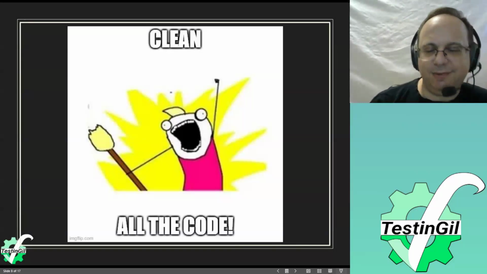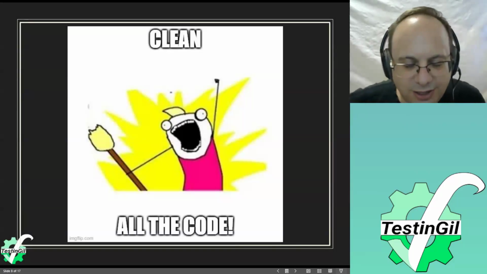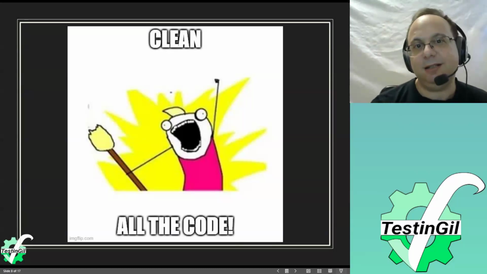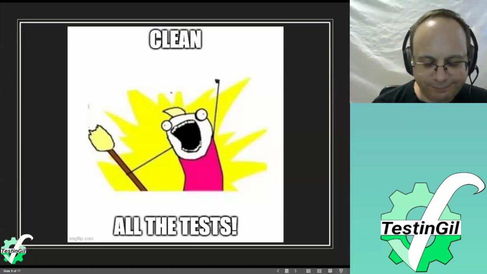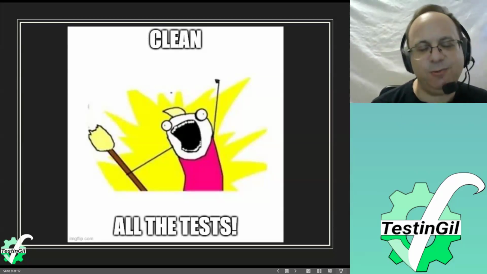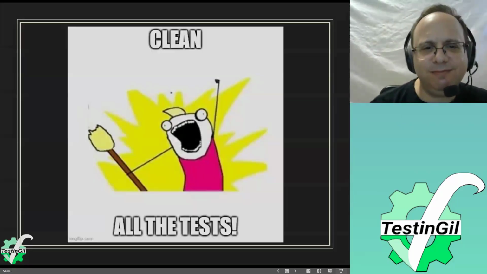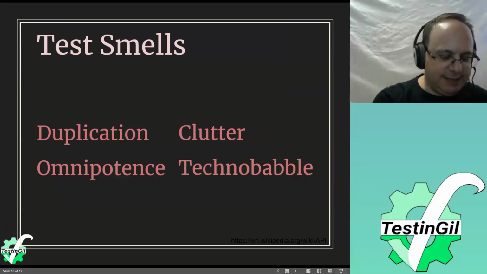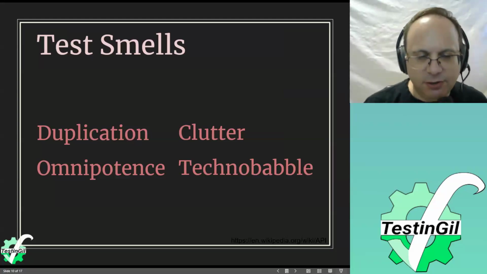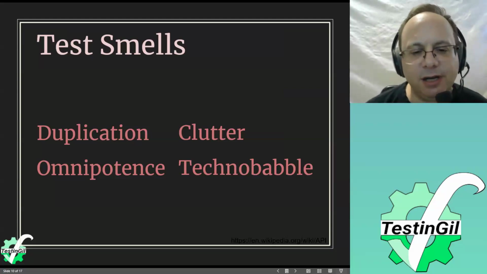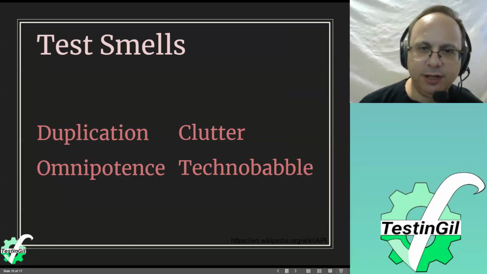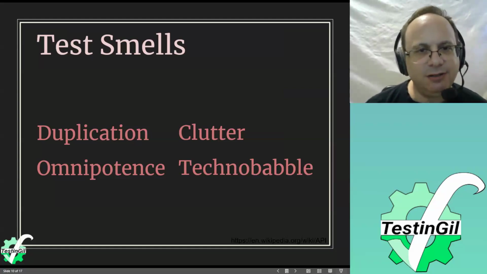So having said that, you probably understand that you want to clean all the code, and that includes all the tests. So yeah, we know we want to do this. We don't do this. So there's something called code smells. Code smells are patterns in the code that you look at and say, something's not right here.